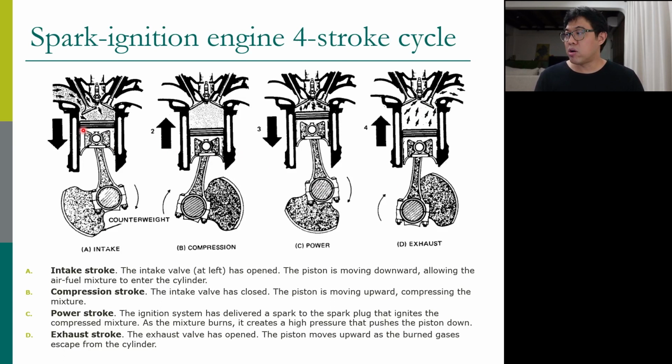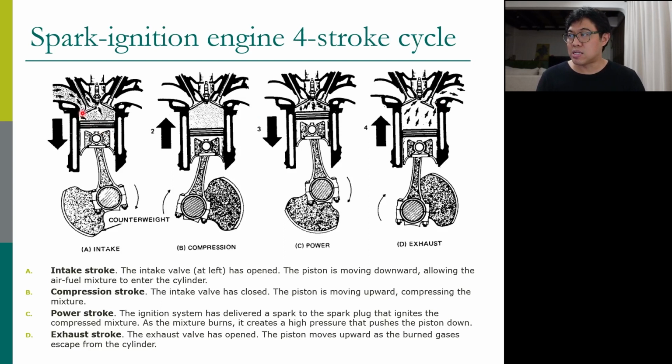We already talked about the pistons. Now we look at the valves. In an engine we have at least two valves. The first one lets the air and fuel in, and the second one lets the exhaust gas flow out.